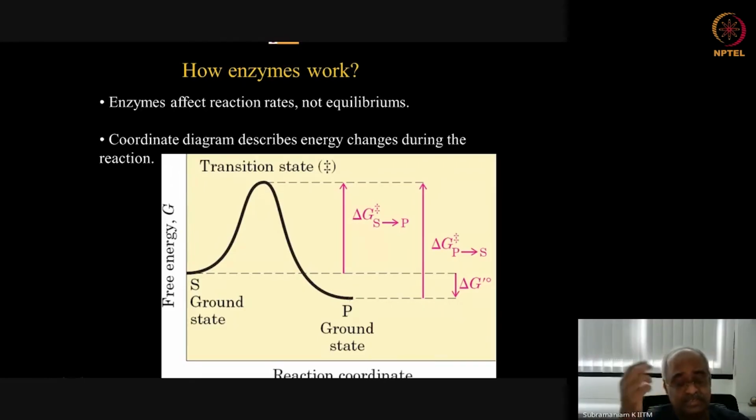So consider the example of water present in an overhead tank. That water is not going to spontaneously flow down to the ground level, because at ground level the entropy will be higher. It's not going to flow straight down. It has to climb up the wall of the tank to come down, and that climbing up the wall is the analogy for this activation energy.